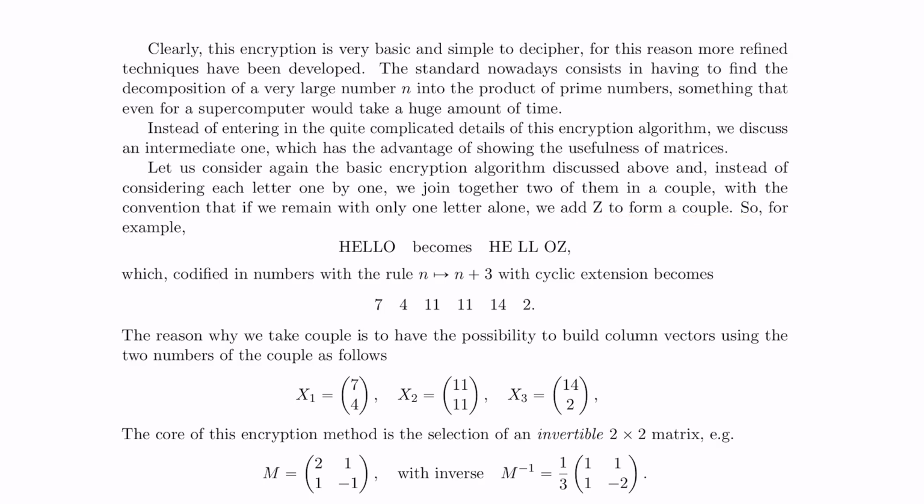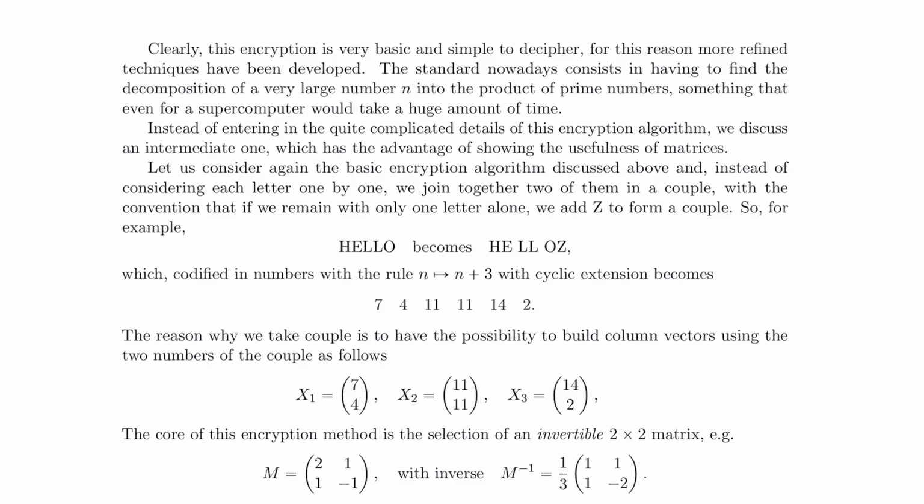So instead of considering the word hello, we consider this string of couples of letters. Using the encryption rule n goes to n+3, we obtain again the same numbers that we have found before, plus the number 2, which encodes z.